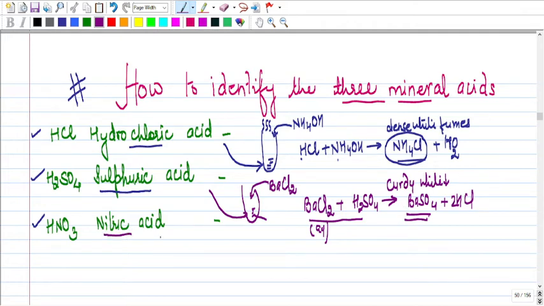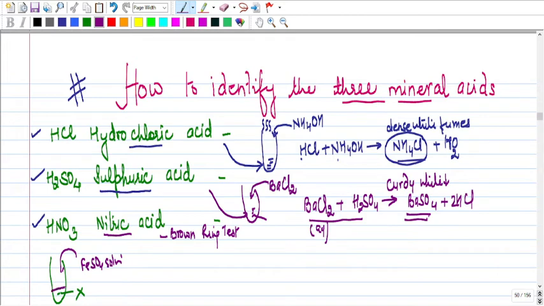Nitric acid is identified with the help of brown ring test. Okay. Now, to perform brown ring test, what do we do? We take the test tube which is already having the acid X, right? Now, in this we add freshly prepared ferrous sulfate solution.